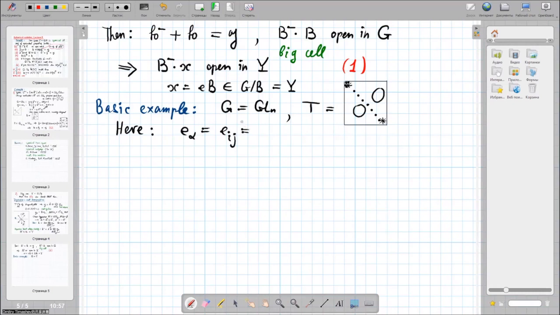This is a matrix which has a unit on some place.